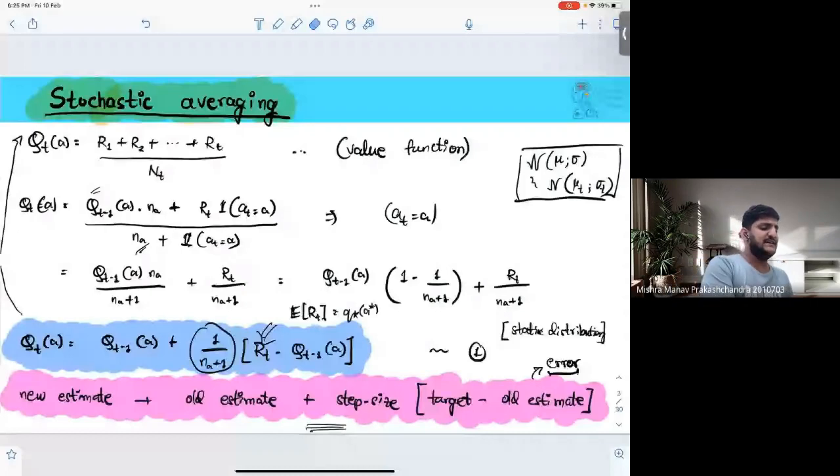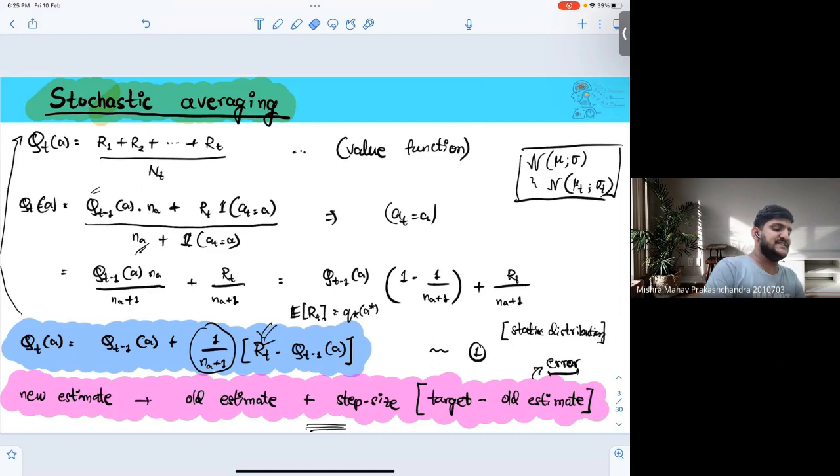So for that, this step size parameter where we do 1 by N_A won't help, because with increase in the number of samples that I'm drawing, with increase in the number of arm pulls, the effect of the update keeps on reducing.